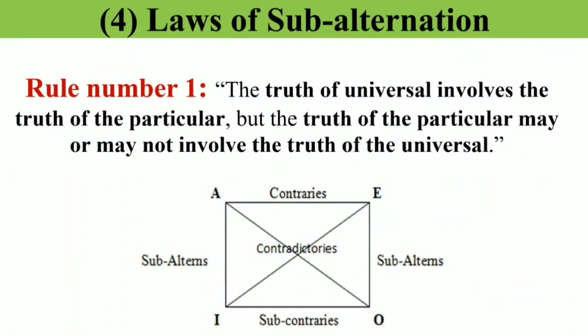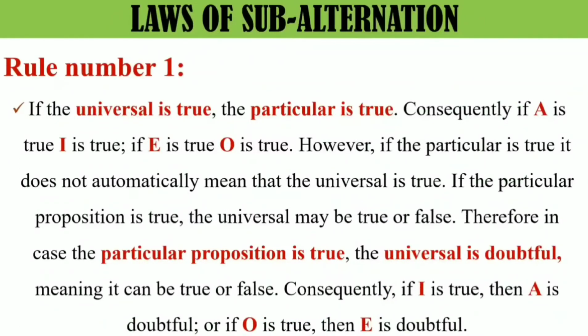Rule number 1 in the laws of subalternation: the truth of the universal involves the truth of the particular, but the truth of the particular may or may not involve the truth of the universal. So if the universal is true, the particular is true.